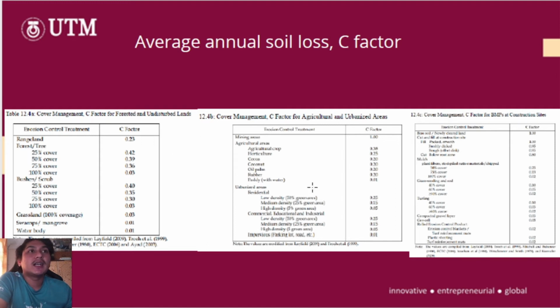In this slide, there are 3 tables to be used in our design. First, for undisturbed land. Second is for urbanized area, and last is for during construction site. We can choose the C factor based on the covering.